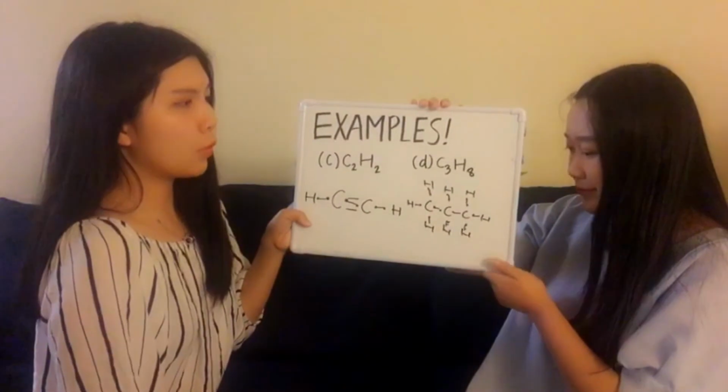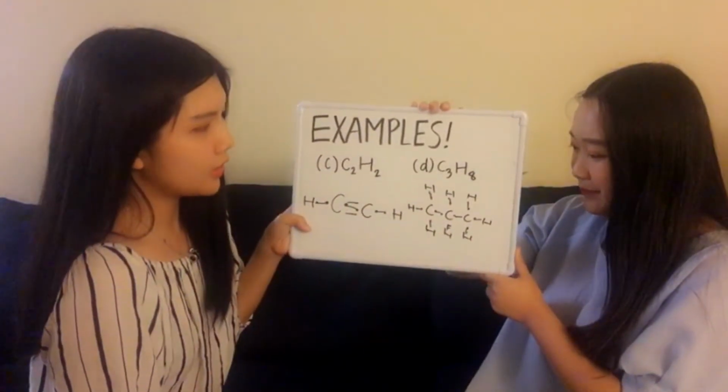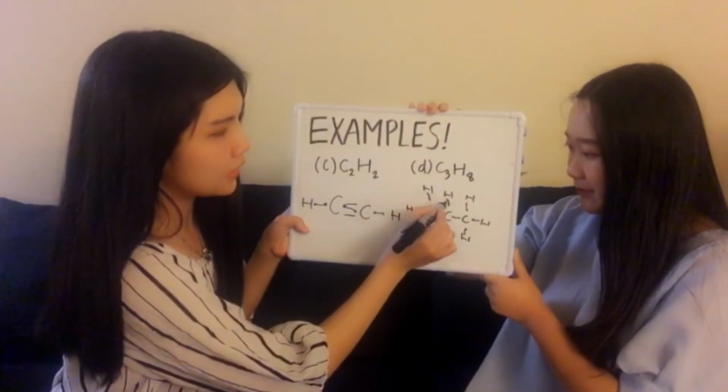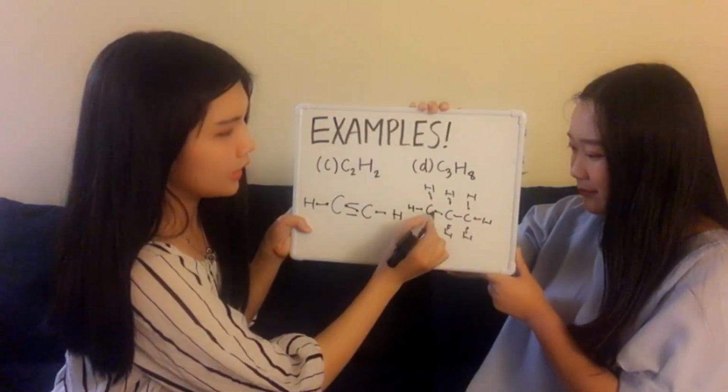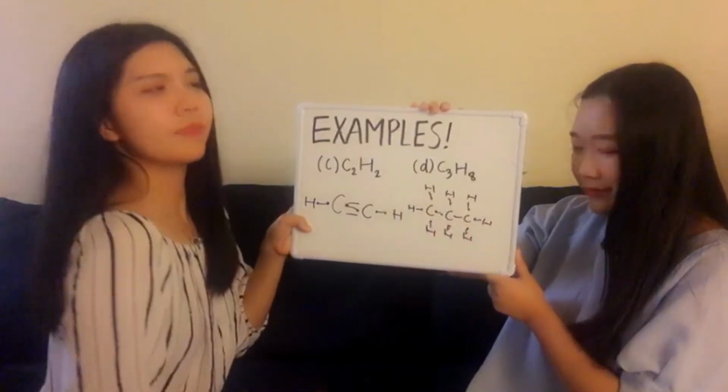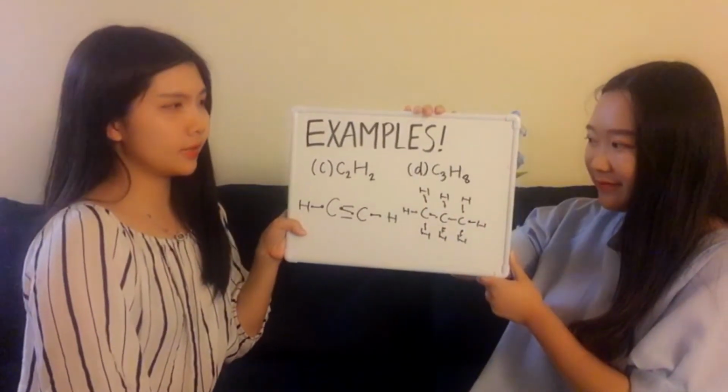Just make sure that we have 20 valence electrons: 2, 4, 6, 8, 10, 12, 14, 16, 18, 20. So we did this example right.